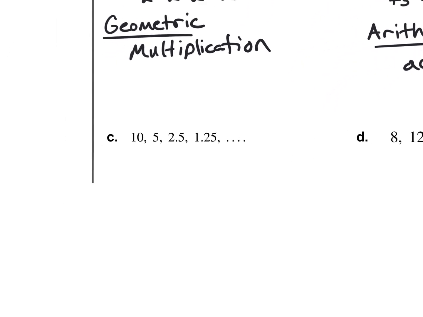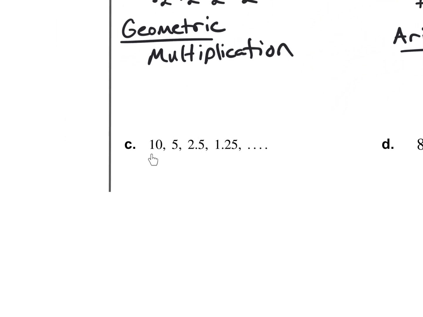In part C, we go from 10 to 5 to 2.5 to 1.25. So we're not subtracting by 5. Instead, we're actually dividing by 2 at each of these steps. 10 divided by 2 gives us 5. 5 divided by 2 gives us 2.5. And 2.5 divided by 2 gives us 1.25.